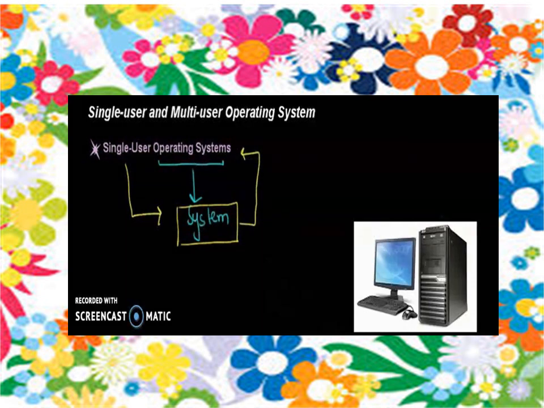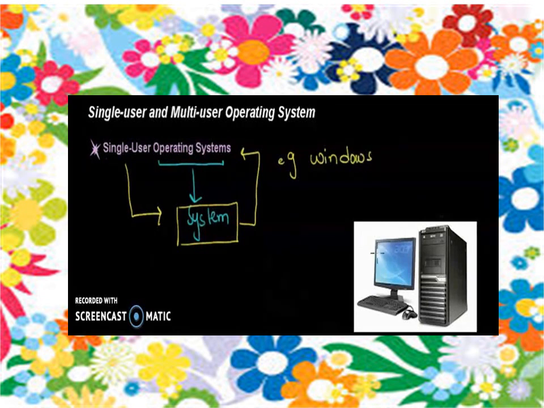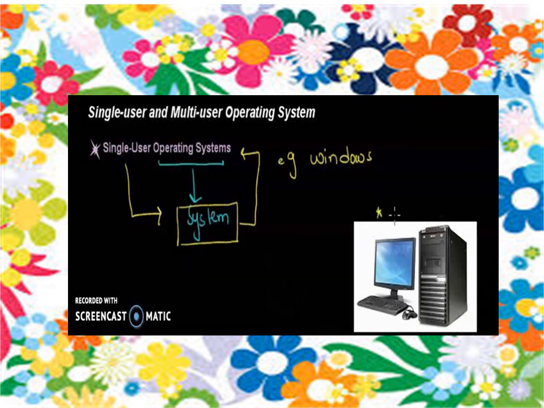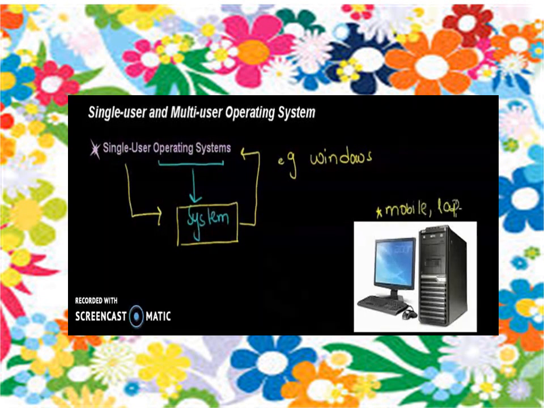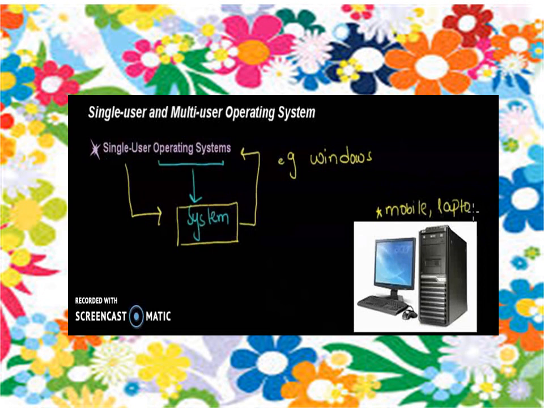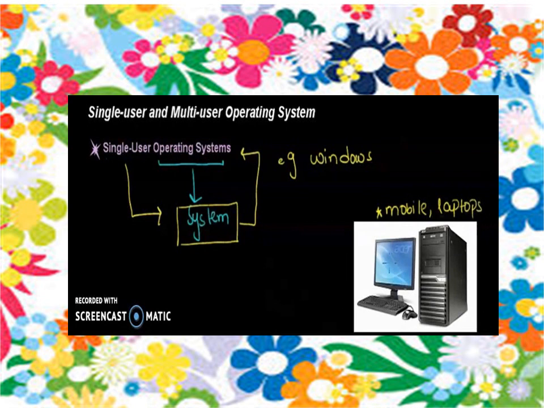So if we say that Windows and Windows Explorer are examples, it will not be wrong. And in the same way, mobiles and laptops are examples of single user operating systems on which one person can work at a time.